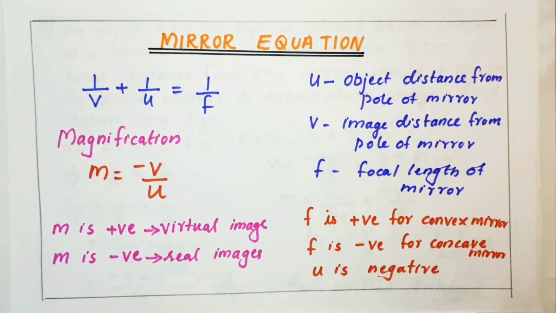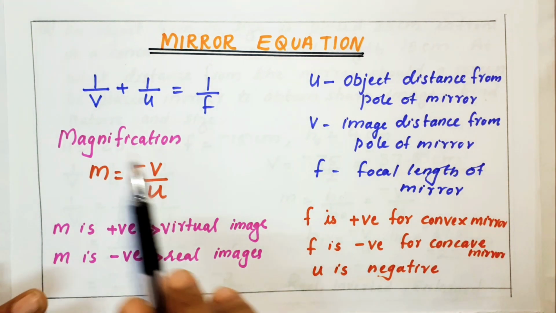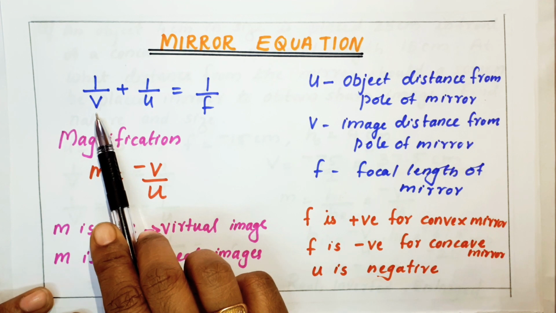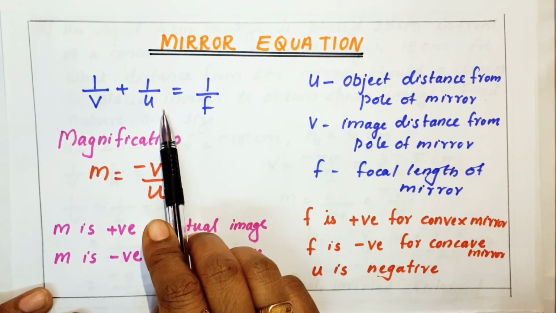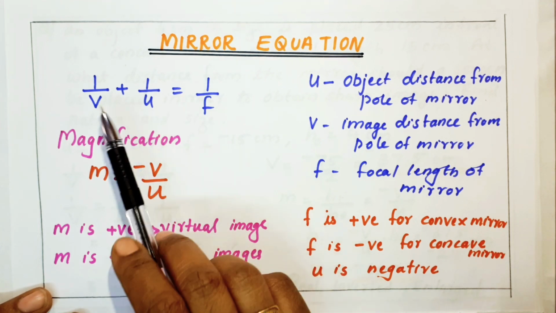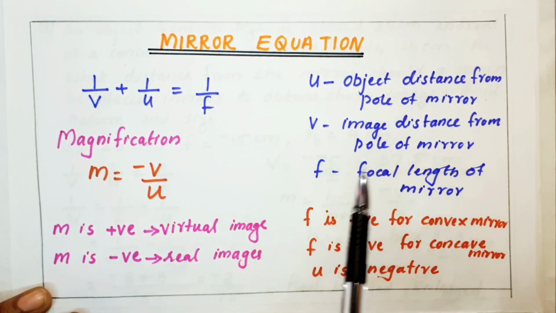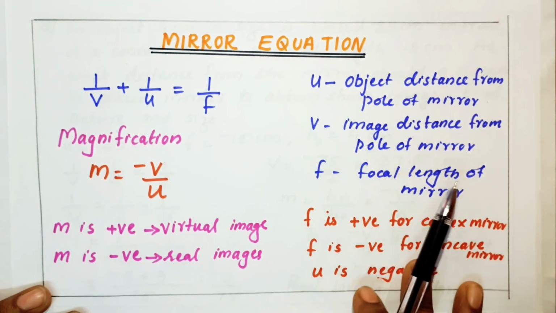So now with these three letters, I am explaining here: 1 by V plus 1 by U is equal to 1 by F. U is the object distance, V is the image distance, F is the focal length.